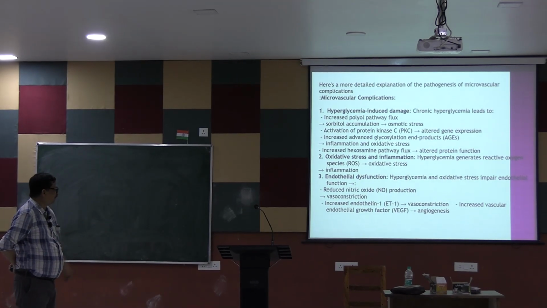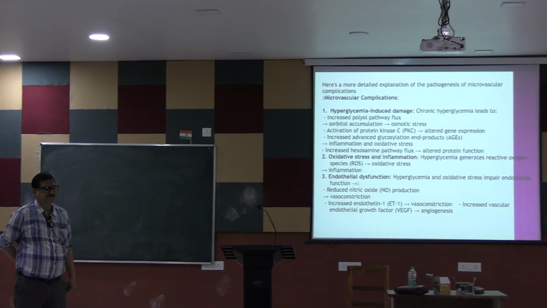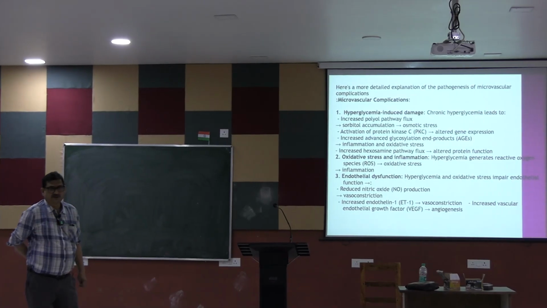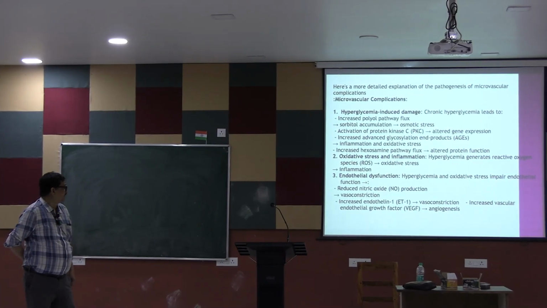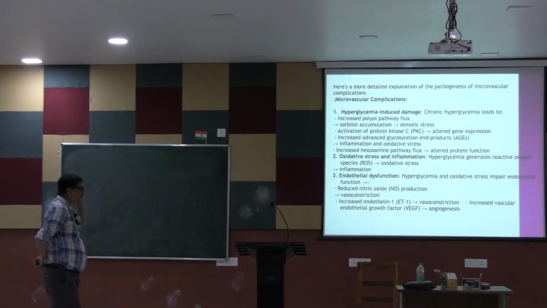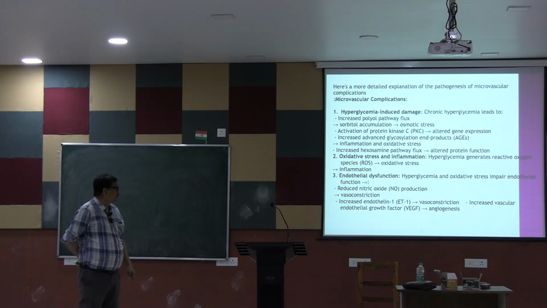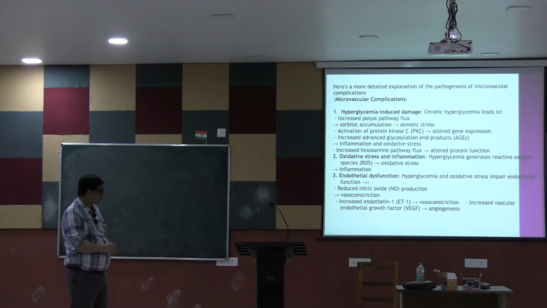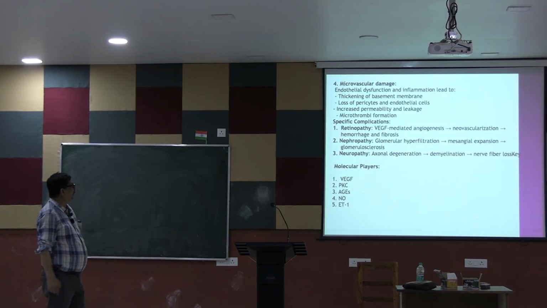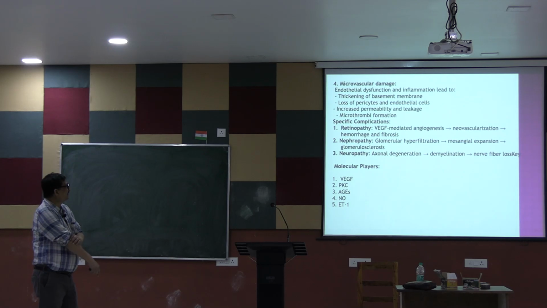So nitric oxide reduction is an important factor. Increased endothelin 1 also leads to vasoconstriction, and increased vascular endothelial growth factor leads to angiogenesis. So microvascular damage, endothelial dysfunction, and inflammation lead to thickening of the basement membrane, loss of pericytes and endothelial cells, increased permeability and leakage, and microthrombi formation.